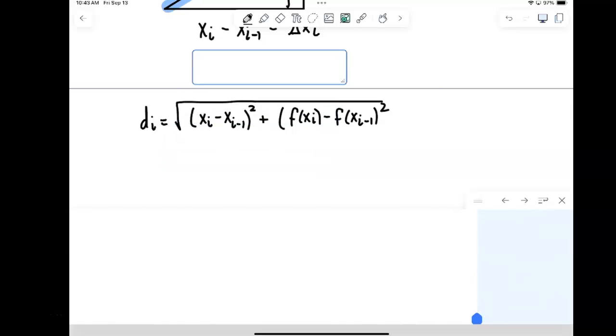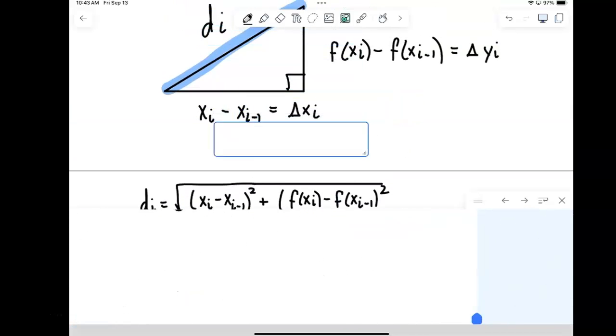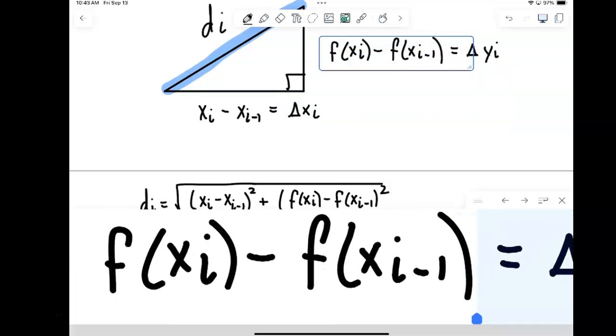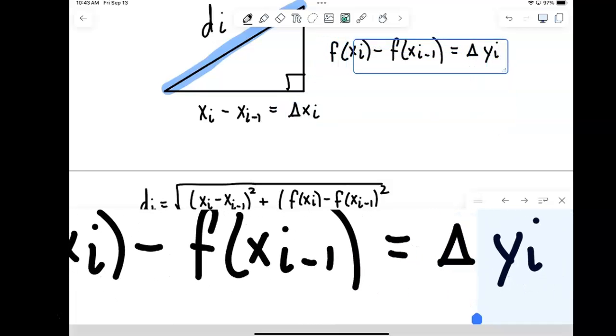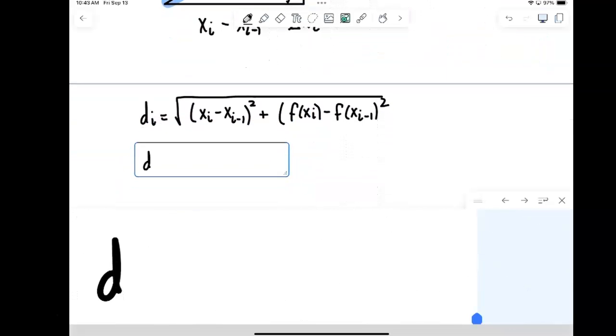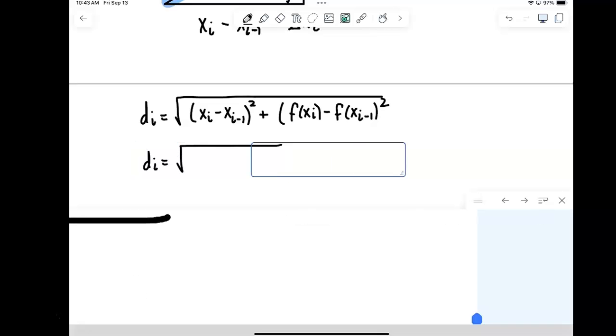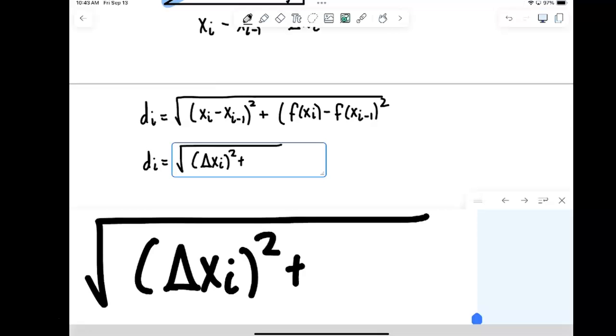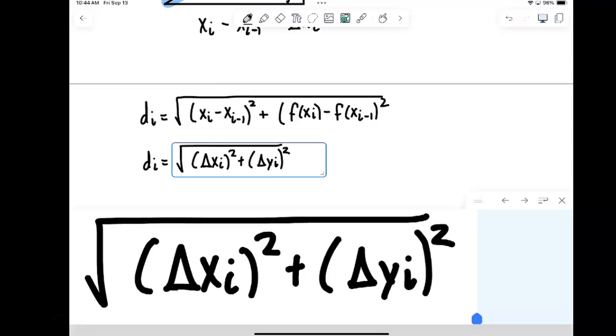But, as we've just discussed above, xi minus xi minus 1 is delta xi. And f of xi minus f of xi minus 1 is delta yi. So we can actually rewrite di as the square root of delta xi squared plus delta yi squared.